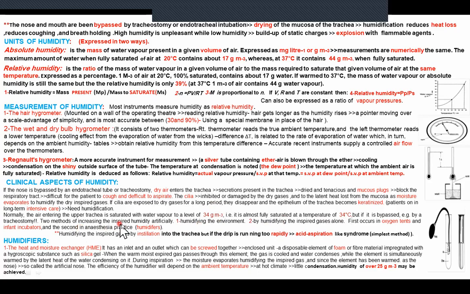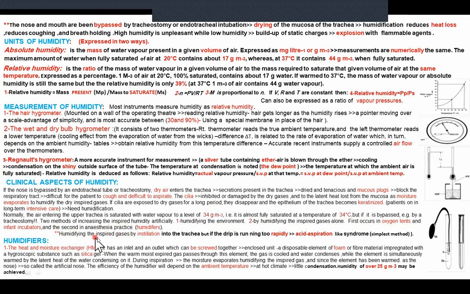So we have two ways to increase the humidity. First of all, humidifying the environment, or humidifying the inspired gases alone. The first one is being used in oxygen tents, as we know, and infant incubators. And the second one is used in anesthetic practice, where we use humidifiers.